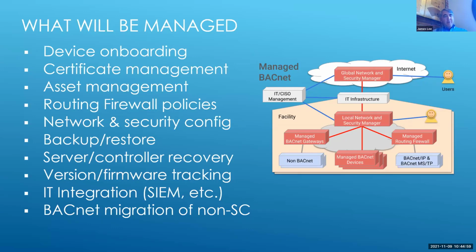Can Johnson back up and restore the Trane chillers right now? The answer is no. But by the time we get done with these standards, the manufacturers who are providing technology at your site will be able to back up and restore, at least to some remedial level, programs and software that are in controllers in the field.